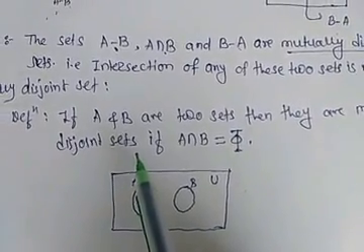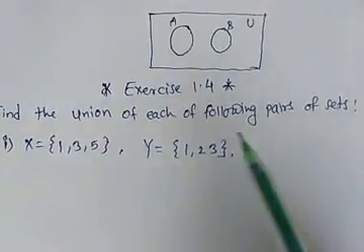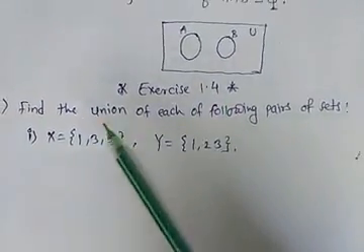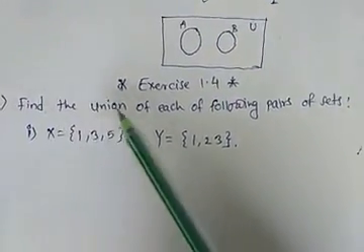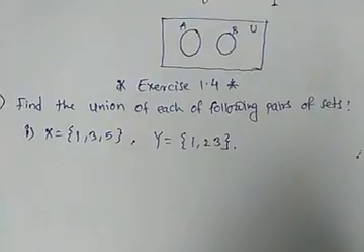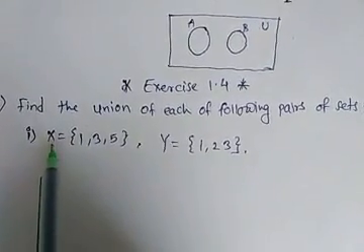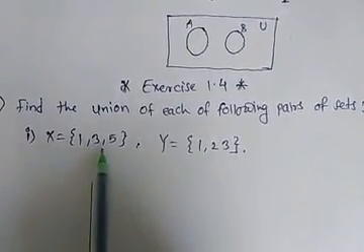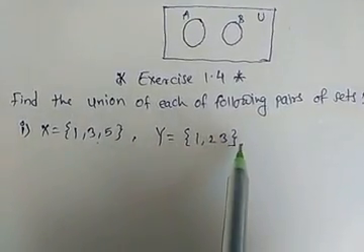Now we go through exercise 1.4. In that, the first question is: find the union of each of the following pairs of sets. The first pair is given as X is equal to {1, 3, 5} and Y is equal to {1, 2, 3}.